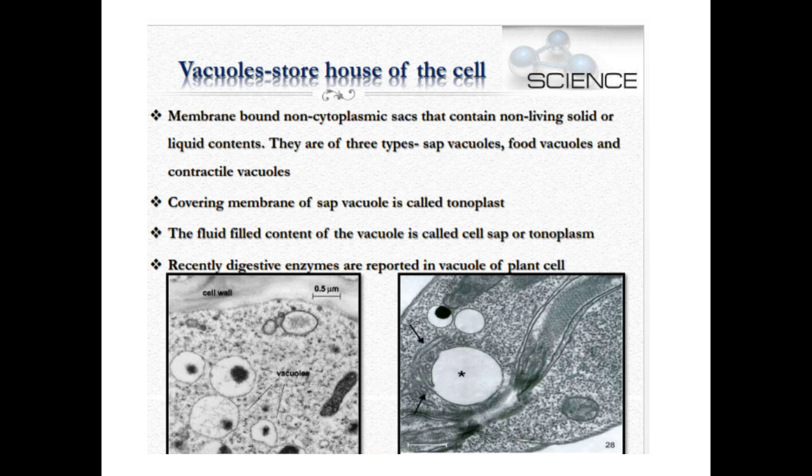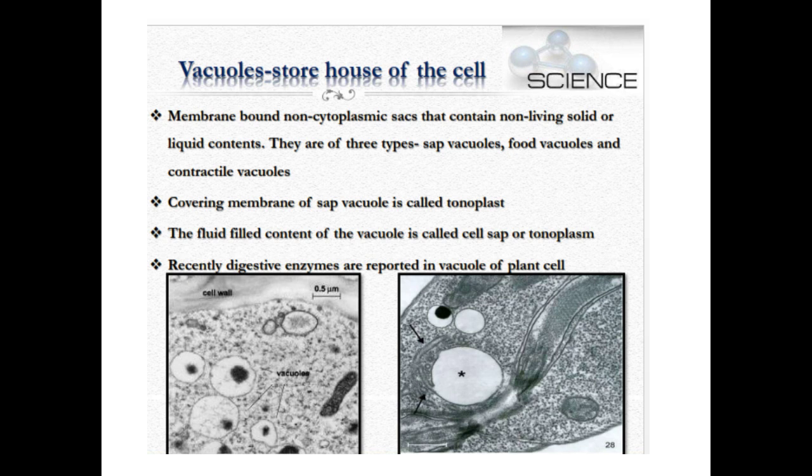The final thing is vacuoles. Vacuoles are the storehouse of the cell. Some important substances like amino acids, sugars and proteins are stored in the vacuoles. Vacuoles are membrane-bound non-cytoplasmic sacs that contain non-living solid and liquid content.